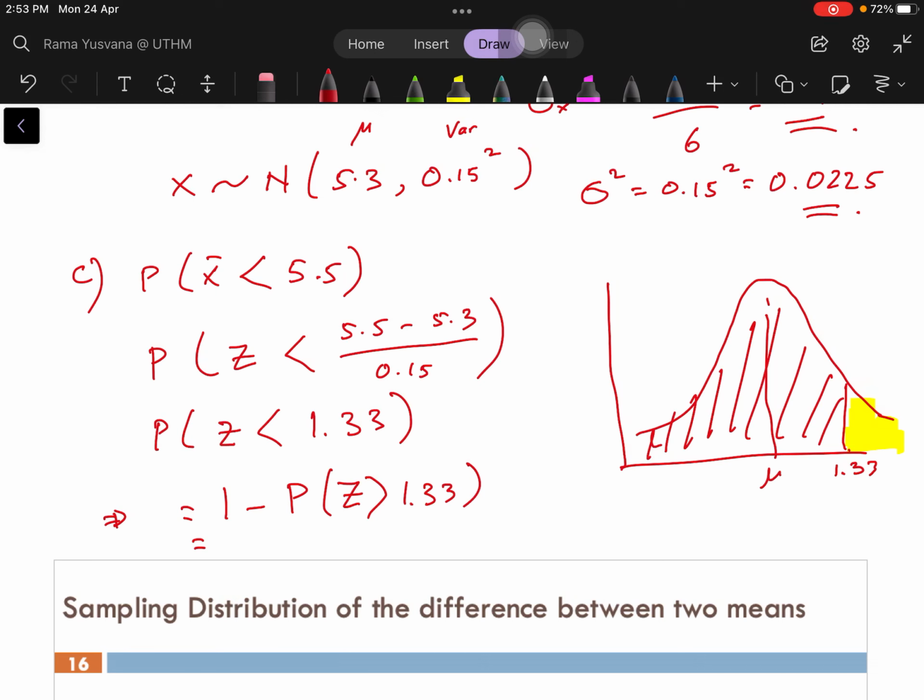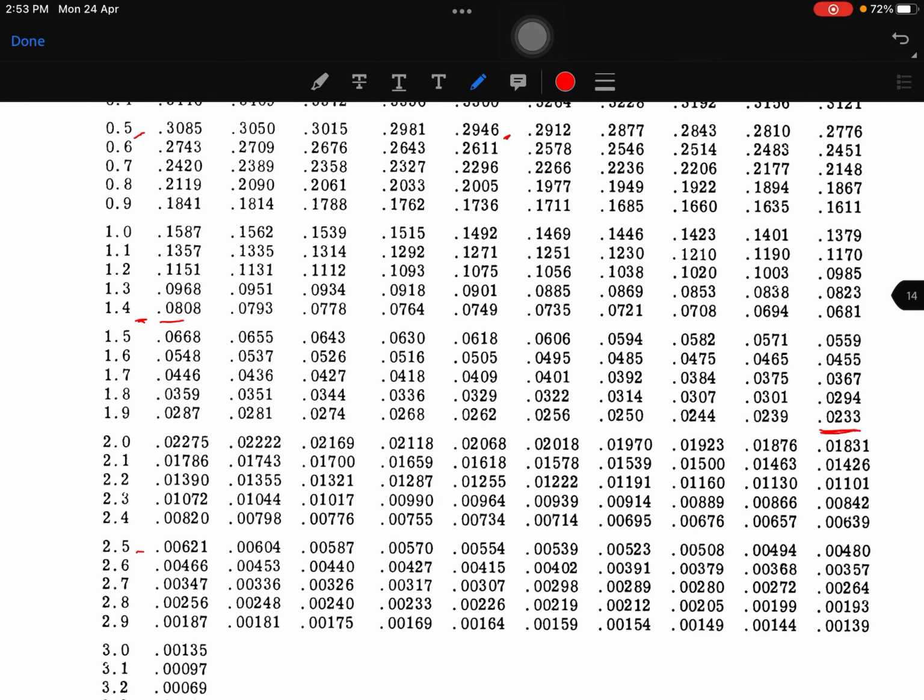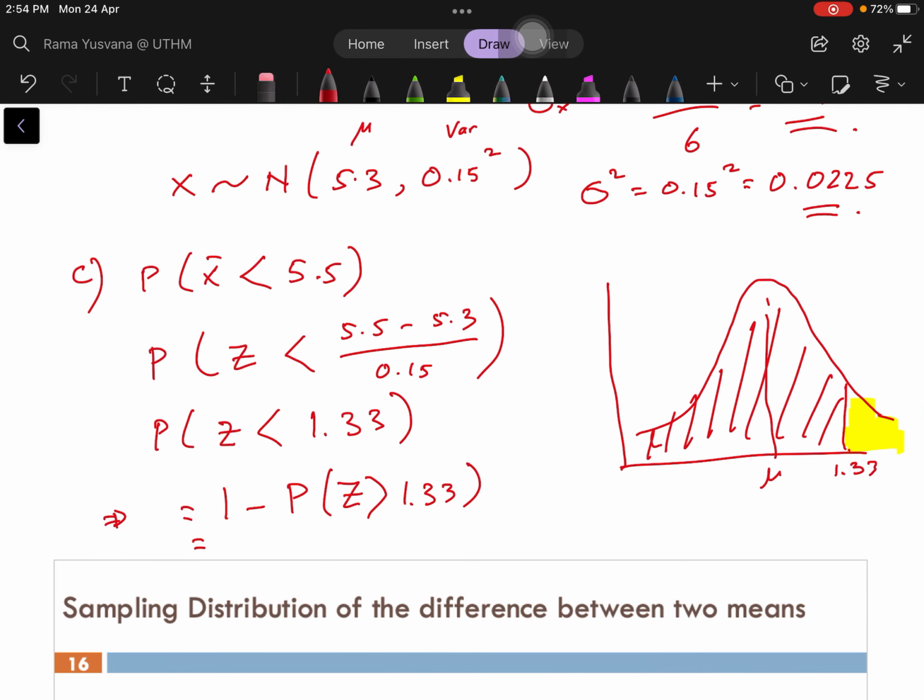Now we can look in the table for 1.33. For 1.3 and then 3, it is 0.0918. So 1 minus 0.0918 equals 0.908, which is 90.8%.